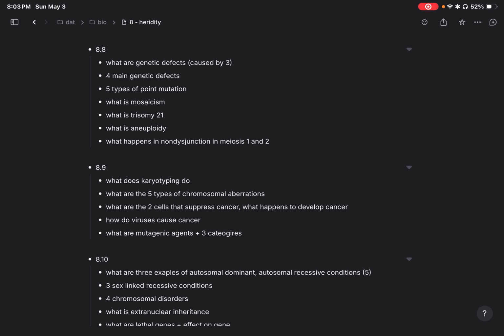So what are genetic defects? Genetic defects are caused by mutations, environmental factors, or other damage to chromosomes.